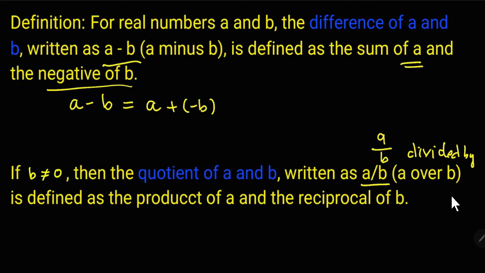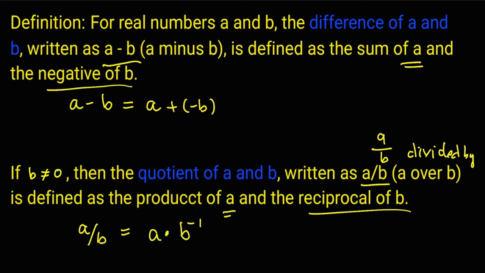So we put a on top and then b at the bottom. So that's a over b. a over b is defined as the product of a and the reciprocal of b, meaning the multiplicative inverse of b. So we define a over b to be the value a times b inverse.